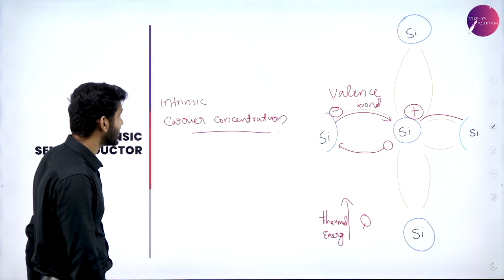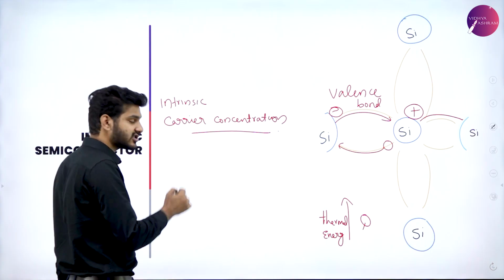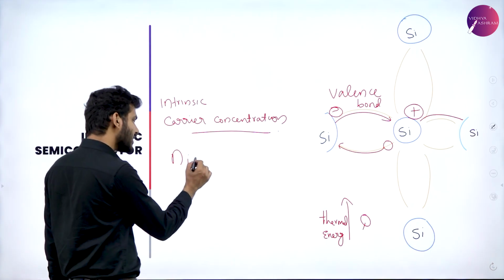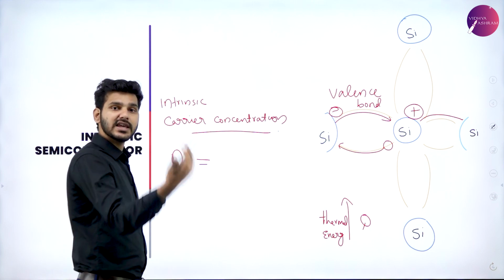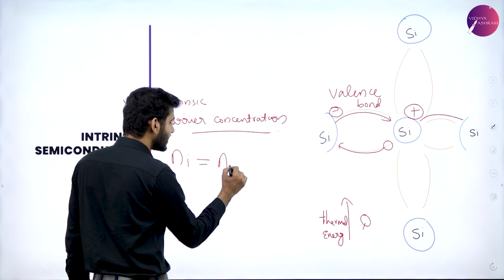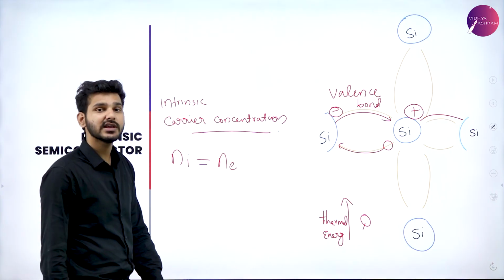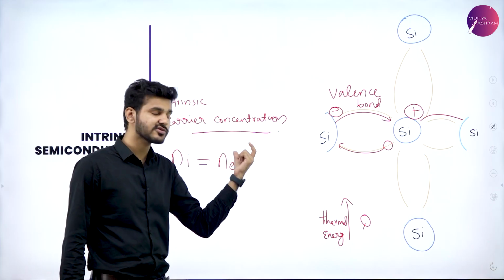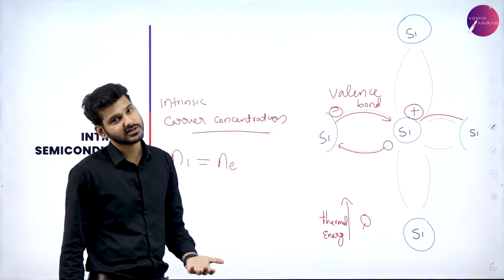So we can say that the intrinsic charge concentration, indicated as Ni, is created by the number of electrons, the charge carriers. The way electrons move, it produces electricity.